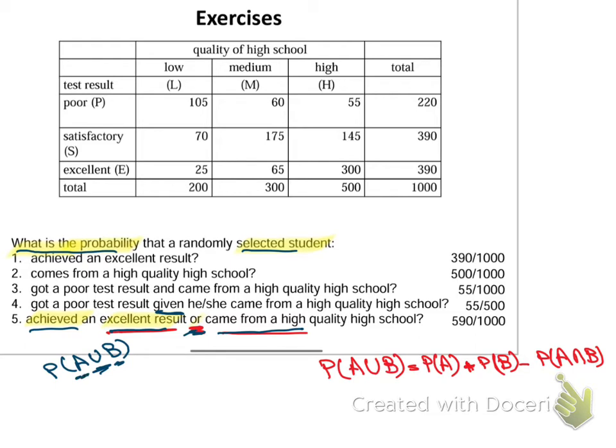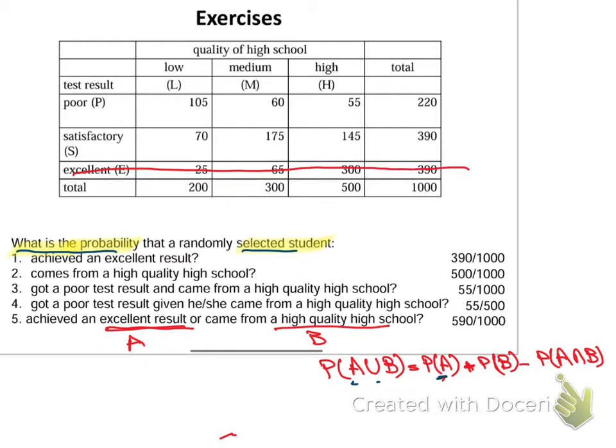So A union B is the same as B union A. So the probability of A union B equals the probability of A. We'll take the first one, achieved excellent, and call this one A. Excellent result is A, high quality school is B. So what is the probability of A, excellent result? Here we have already got it: excellent result 390 divided by the total 1000. So 390 divided by 1000.